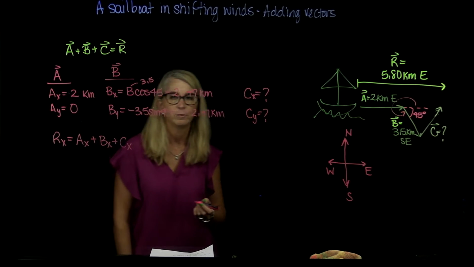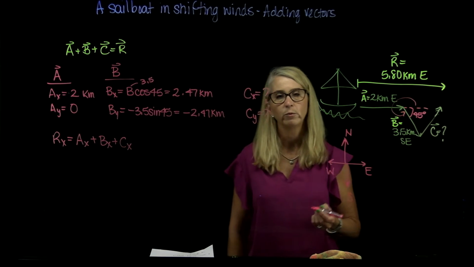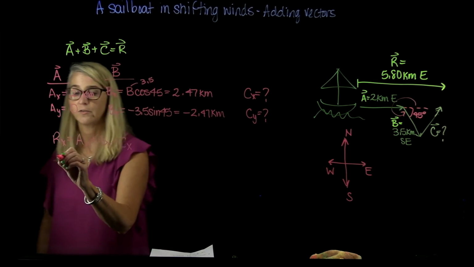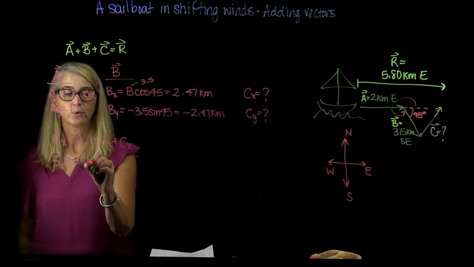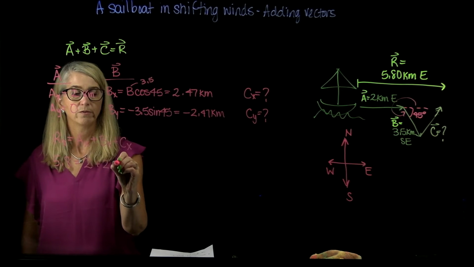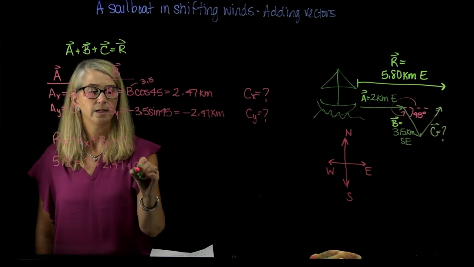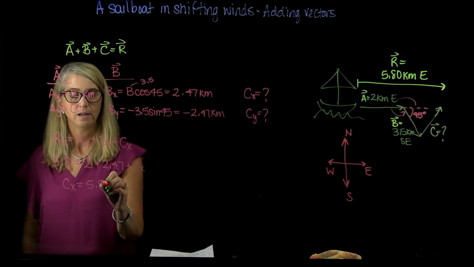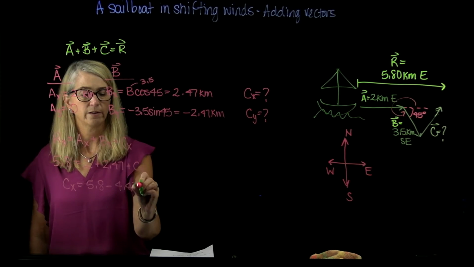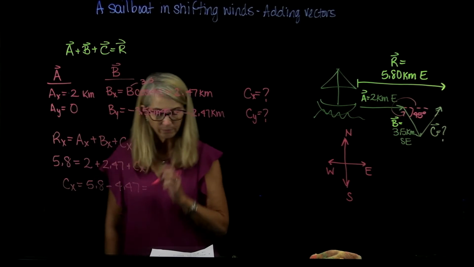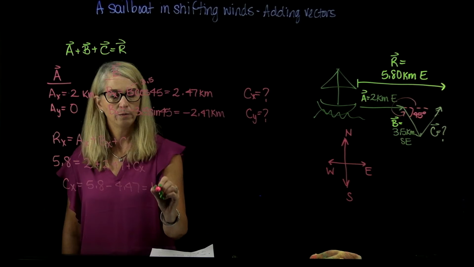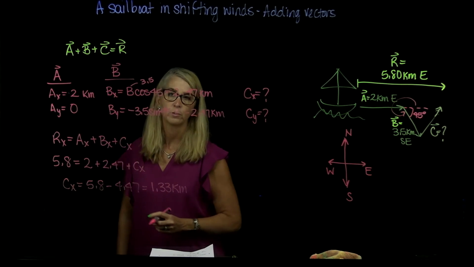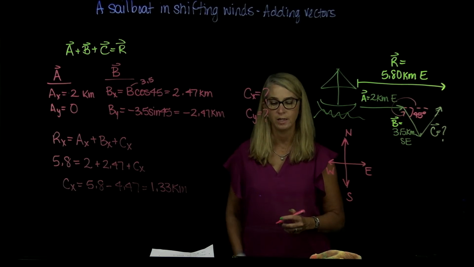And this is going to end up giving us an algebraic expression that will be very easy to figure out what Cx is. Rx is 5.8, Ax was 2, Bx was 2.47, and Cx we don't know. Cx is going to be 5.8 minus 4.47. And so that ends up to be 1.33 kilometers. So we found the x component of vector C.